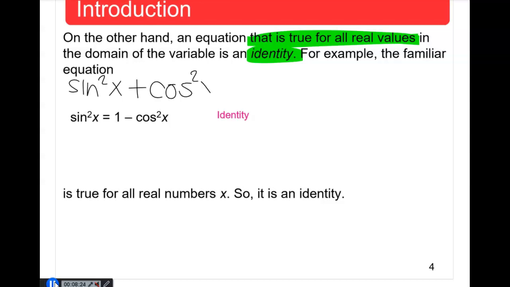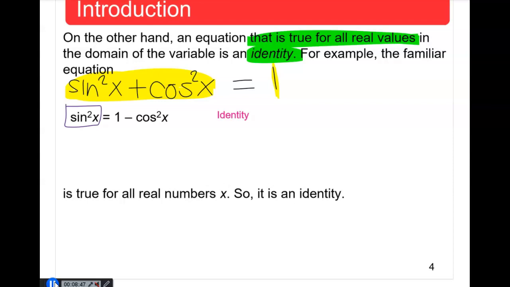In fact, every time we find it, we will be happy because we will be able to replace that expression with the number 1. But another use of it is to solve for sine square x, like we did here, and we did a little bit of that in the previous section.